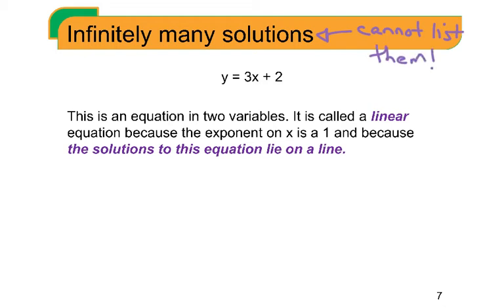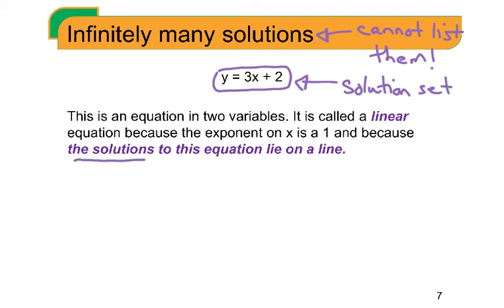So how do we show the solutions for this equation? Well, all the solutions in the solution set to this equation lie on the line that is defined by this equation.